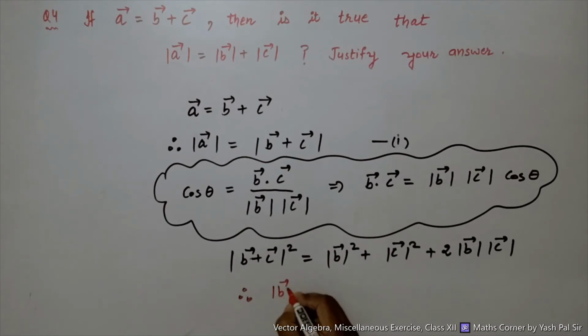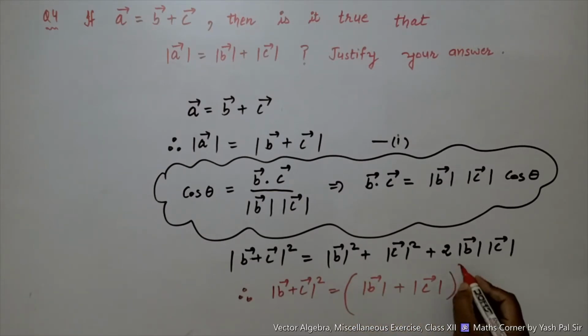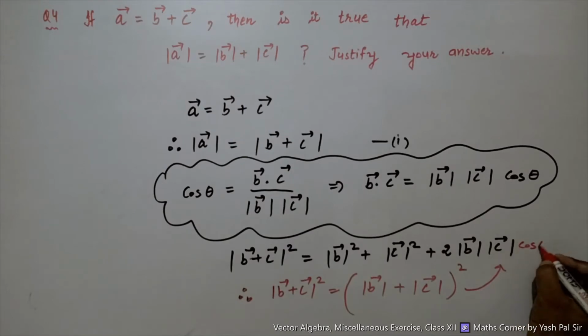magnitude of B plus C whole square is equal to magnitude of vector B plus magnitude of vector C whole square. This is possible only if here we have cos theta, and theta is equal to 0 degrees, only then cos theta will be equal to 1, cos 0 is equal to 1.